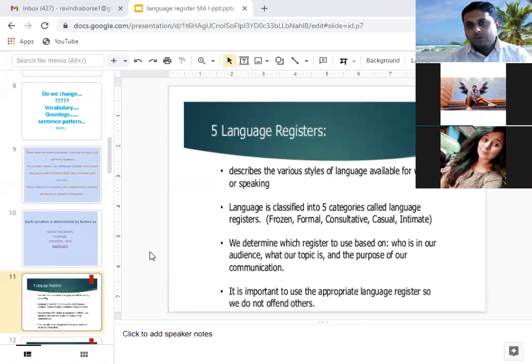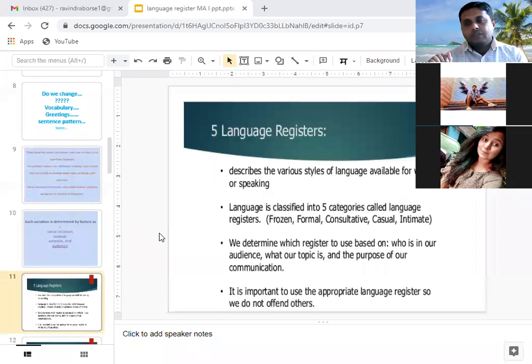If you follow this rule, then there would be no problem in communication, or let's say the miscommunication, right? So, appropriate type of language as per the demand of the situation means register.